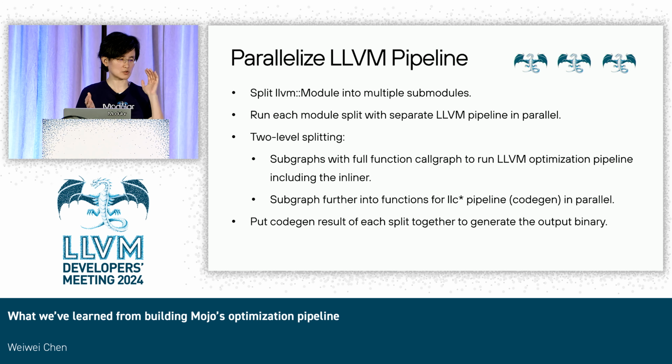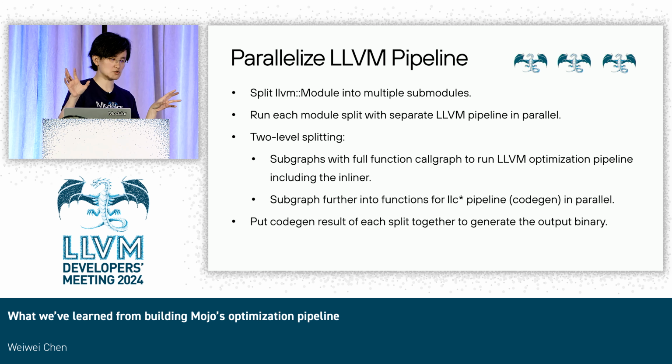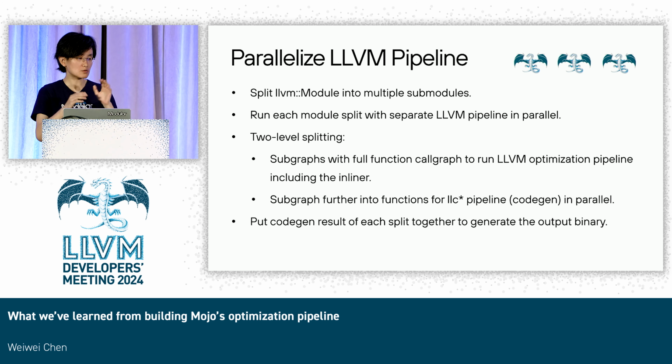So we choose a two-level splitting strategy to parallelize the LLVM pipeline. Basically, we split the LLVM module into multiple submodules and run the whole pipeline on those submodules in parallel, right? It's like splitting a CPP file into multiple ones and compiling them in parallel. We do a two-level splitting.